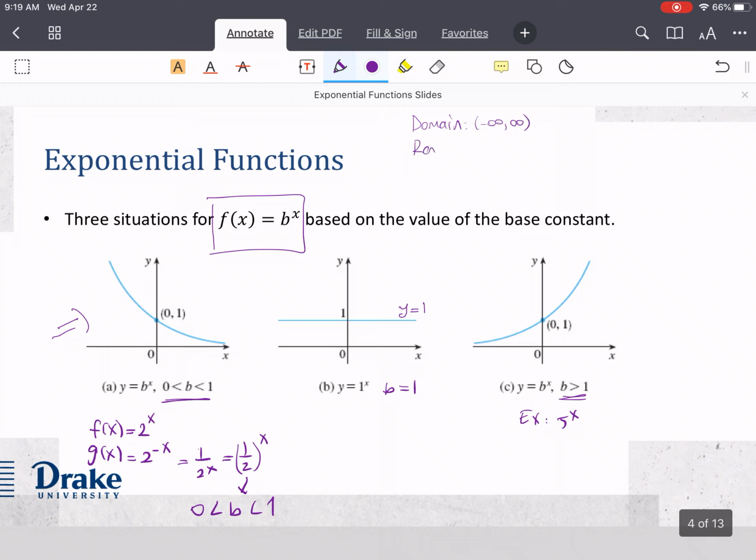When you consider their range, it's always from 0 to infinity. So exponential functions do not take negative y values. They never go below the x-axis. They're always above the x-axis. So that's another thing we need to keep in mind.